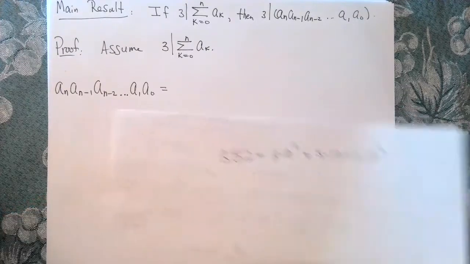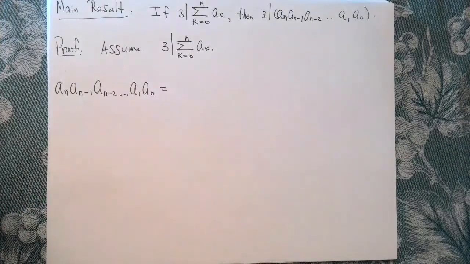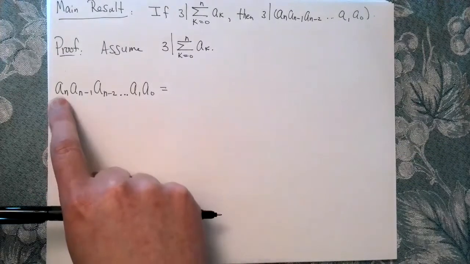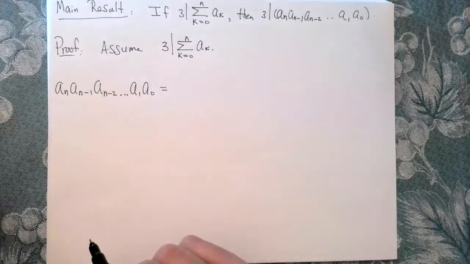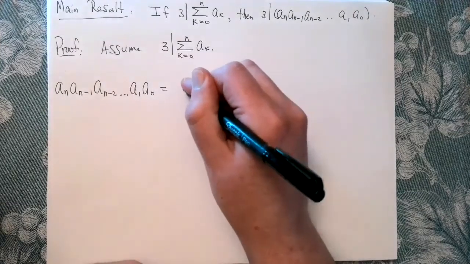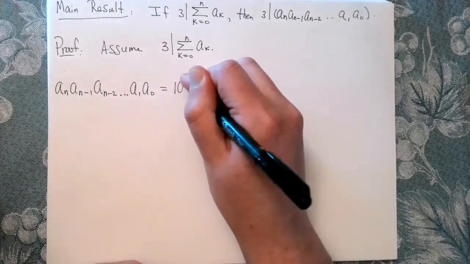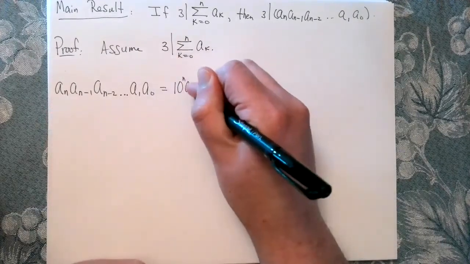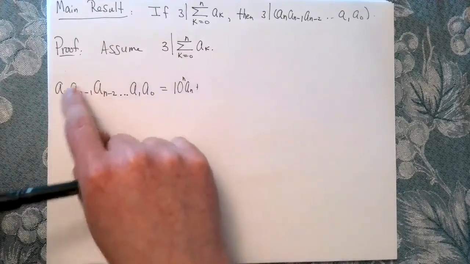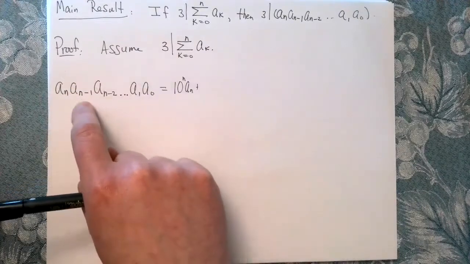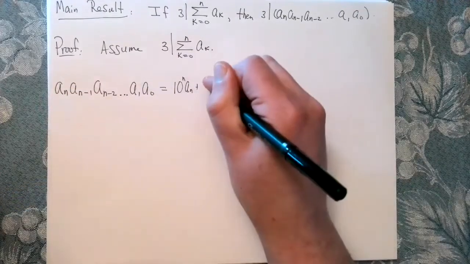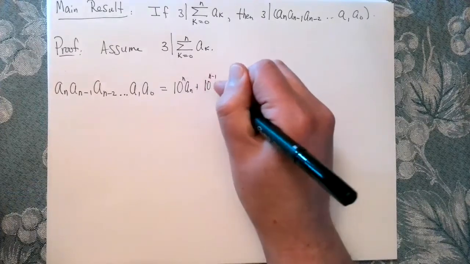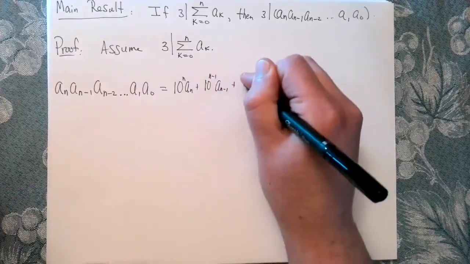Using place value here, I can write this as a sub n times 10 to the n. This is in the 10 to the n place. This is in the 10 to the n minus first place, and so on.